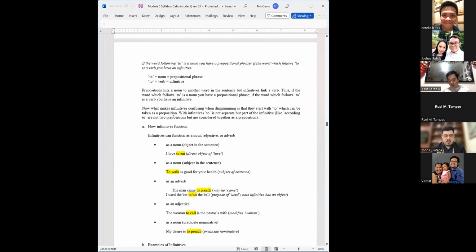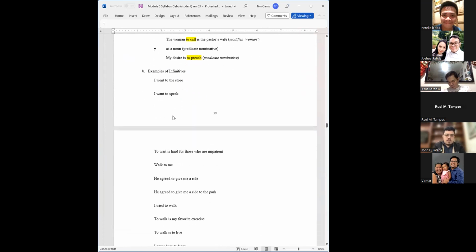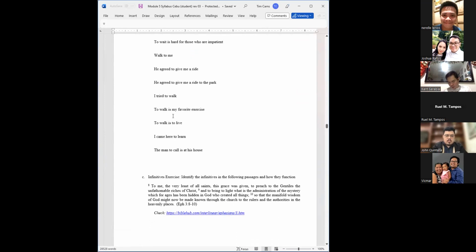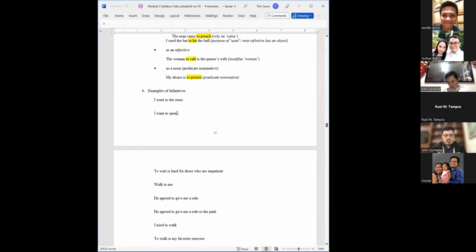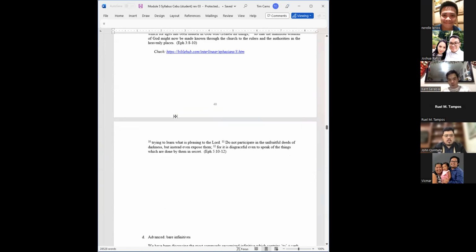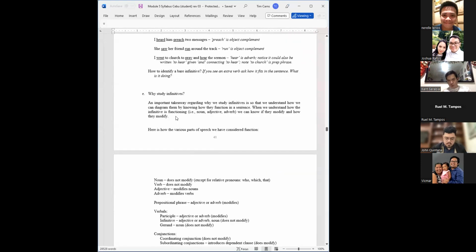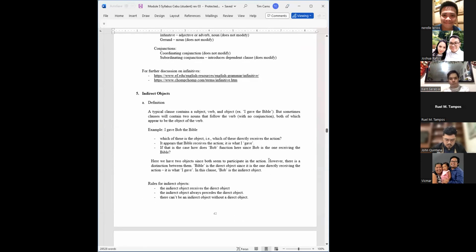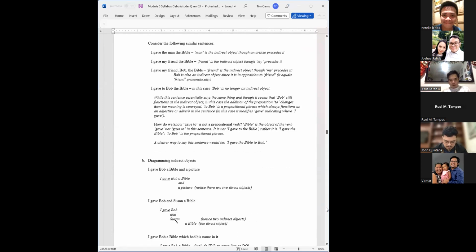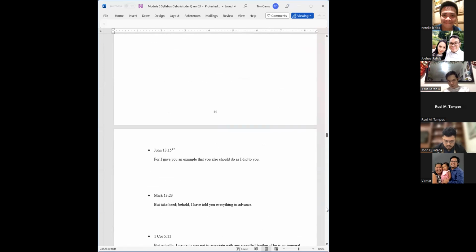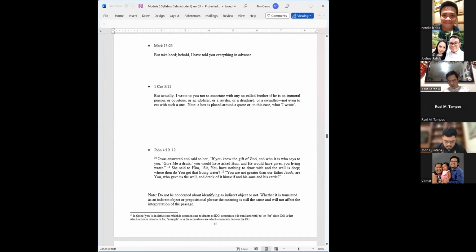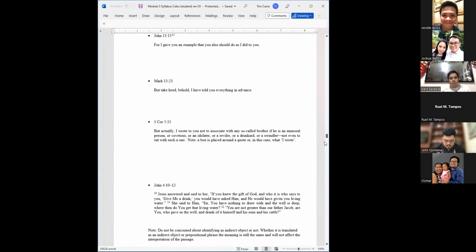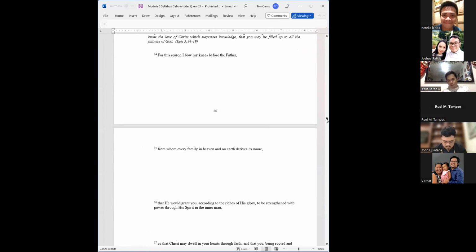So I gave you some examples and then how they work, how they function. I don't think we covered this in the class. We started talking about it last week, but there's in the notes, it goes through infinitives, and then I also talk about indirect objects as well. So you can read in the notes information regarding indirect objects, and then some exercises, and then I also talked in more detail about participles as well.